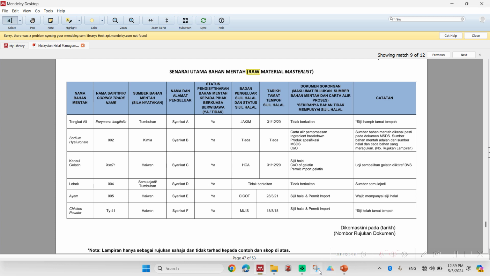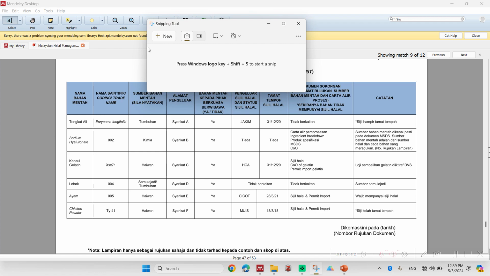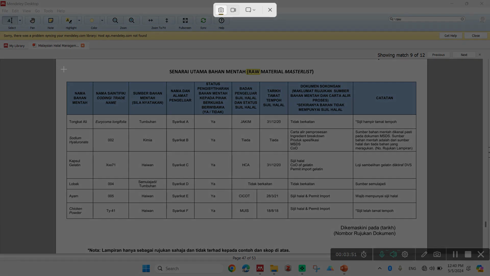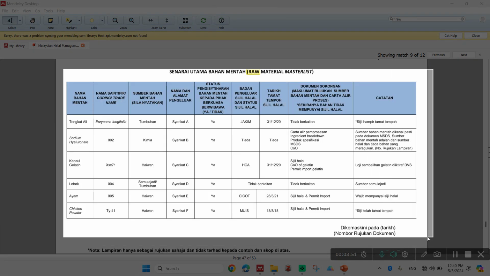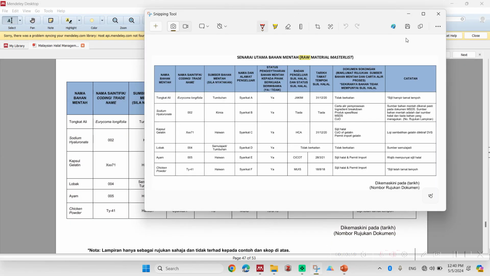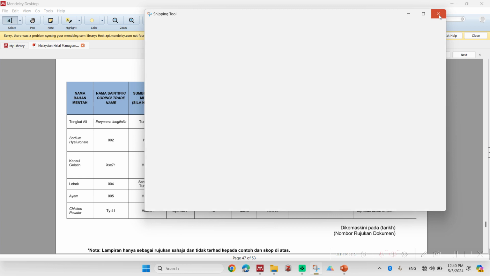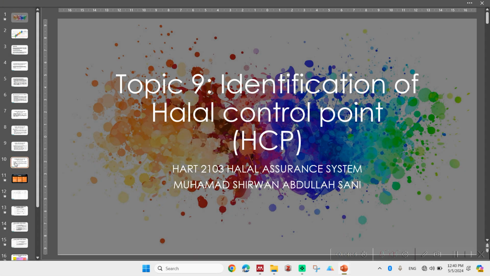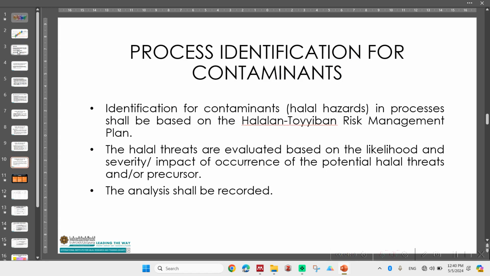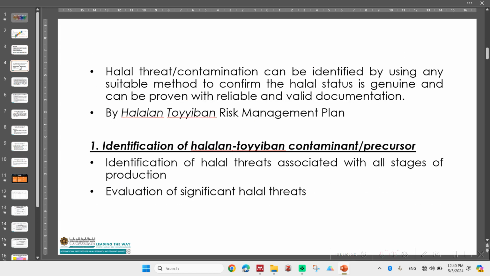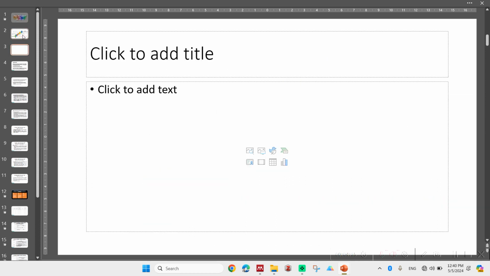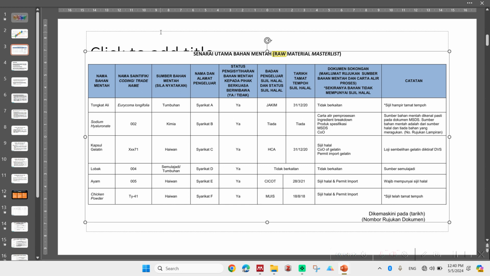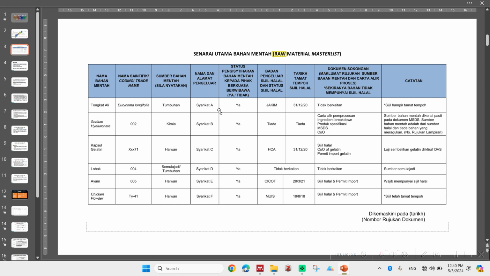So if you look at this raw material master list, let me copy this one first and make it as a note, and paste it here. Okay, so this is the raw material master list.